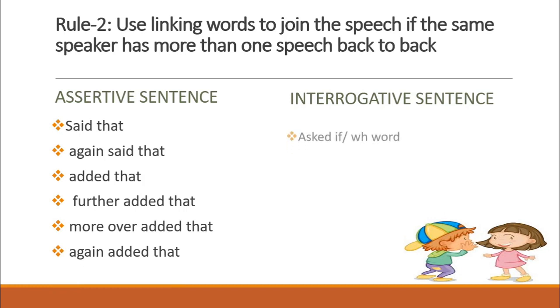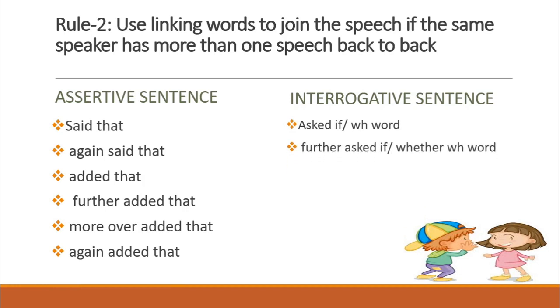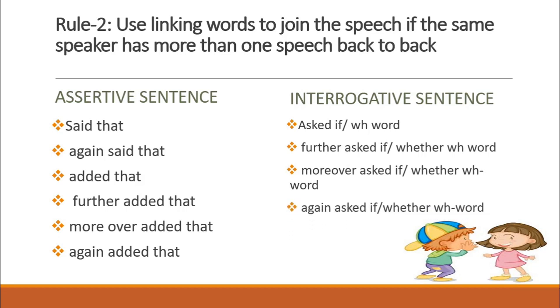In an interrogative sentence you can use: asked if, and WH word; further asked if or whether and then WH word; moreover asked if or whether after that WH word; and then again asked if or whether after that WH word.